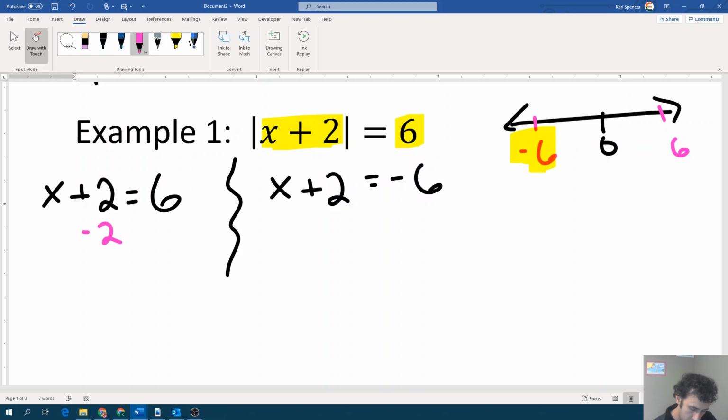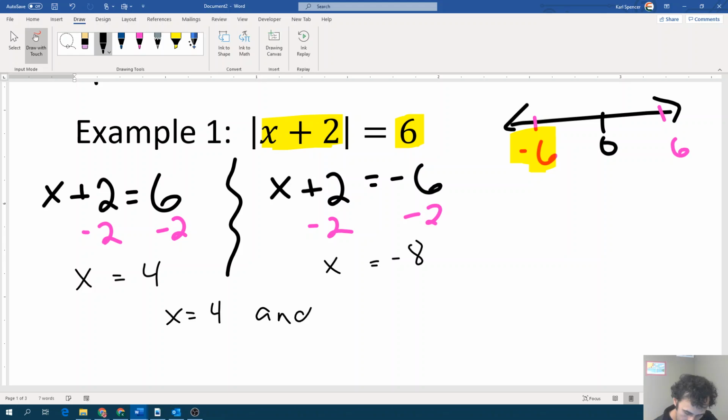We're going to subtract 2 on both sides. X equals 4 on the left side. Subtract 2. X equals -8. So we have 2 solutions again. So x is 4 and -8.